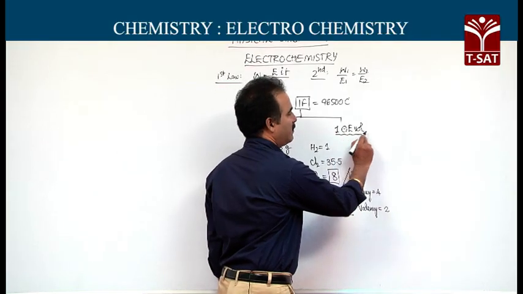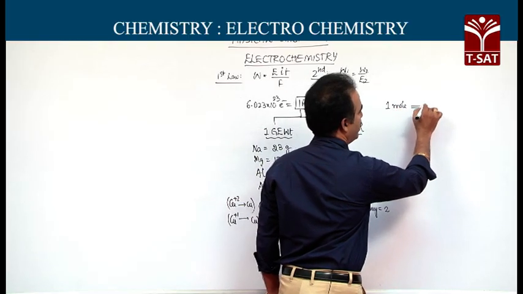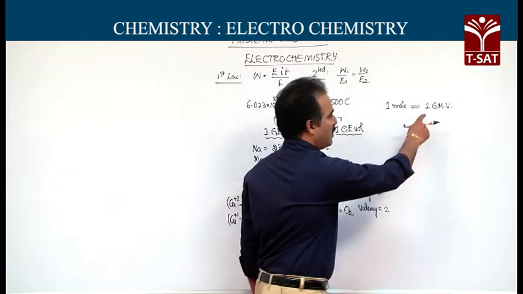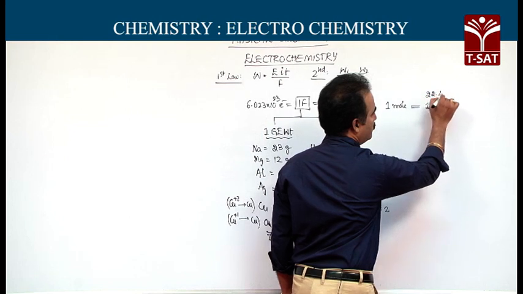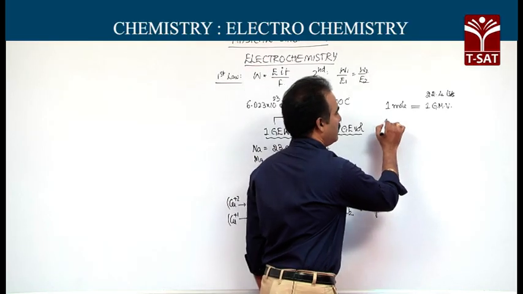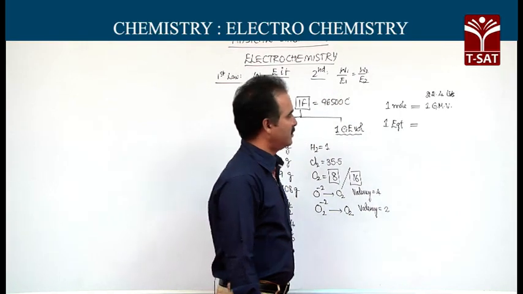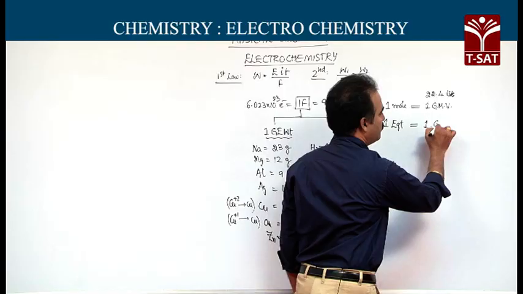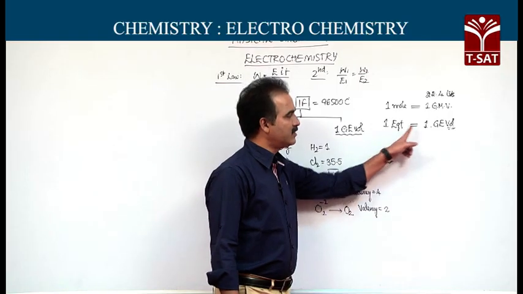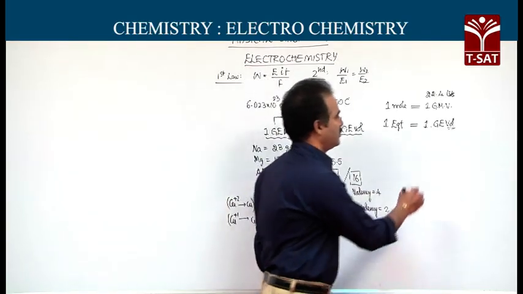Now, what is gram equivalent volume? We know 1 mole of any gas will occupy 1 gram molar volume, which is 22.4 liters. Similarly, 1 gram equivalent of any substance, if it is a gas, will occupy a volume that is called gram equivalent volume, under STP conditions.